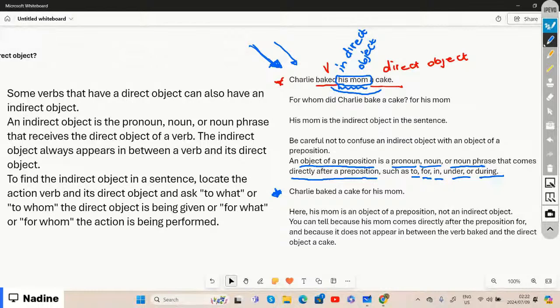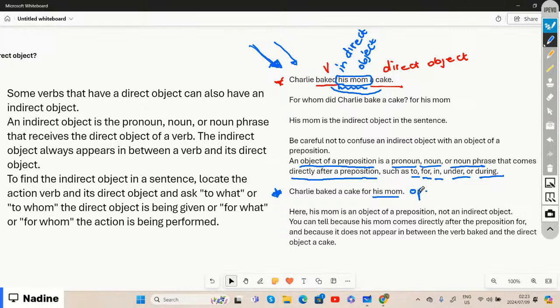It says Charlie baked a cake for his mom. So Charlie baked a cake for his mom. If we look at that sentence, his mom will then be the object of preposition.